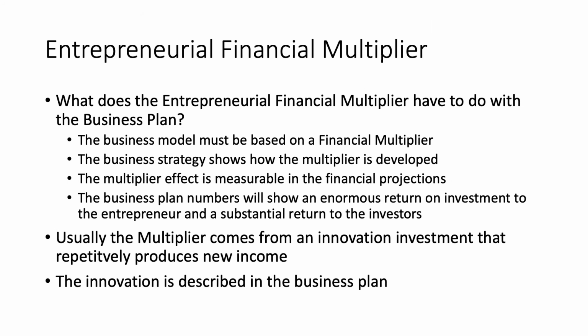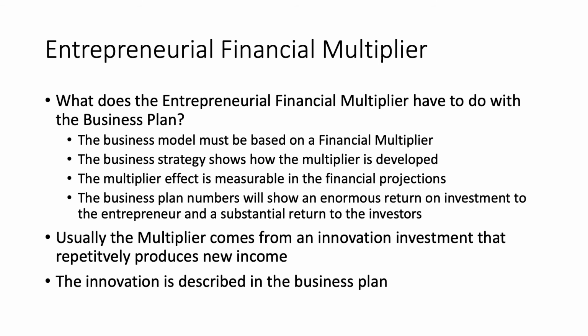Now that we know that the entrepreneurial financial model results from how the business operates, we can dig a little bit deeper into what the entrepreneurial financial model has to do with the business plan. Well, the business model for the business itself has to be based upon the financial multiplier.